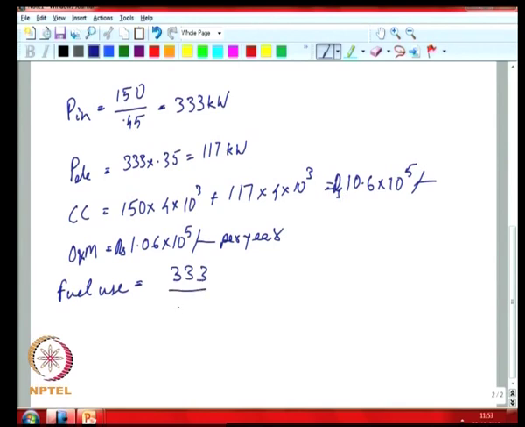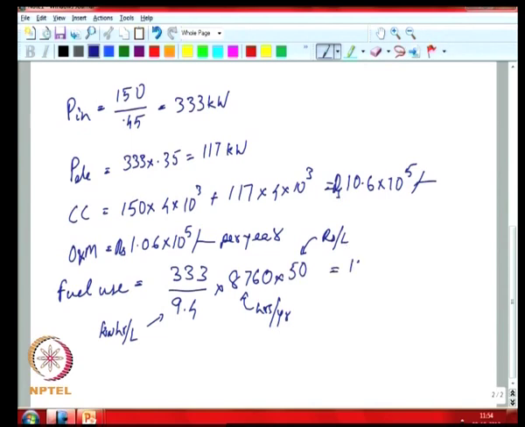So, if you divide it by 9.4 kilowatt hours per liter, into 8760, which is the number of hours per year, and multiplied by 50 rupees, which is the rupees per liter, this works out to be 155 into 10 to the power of 5 rupees per year.